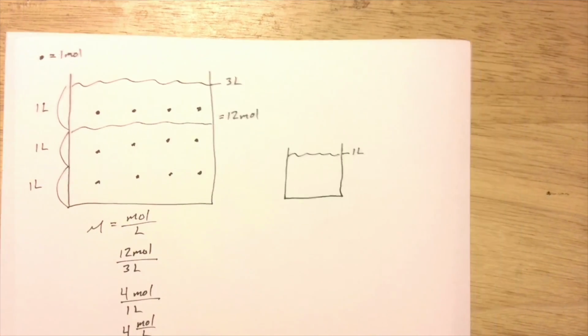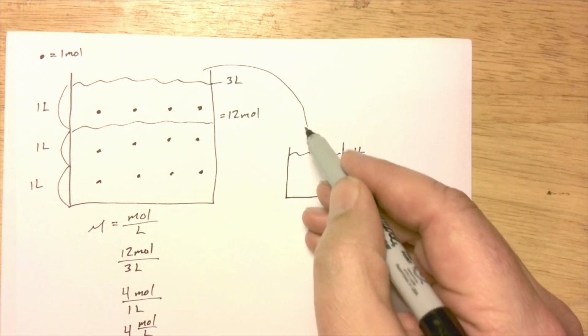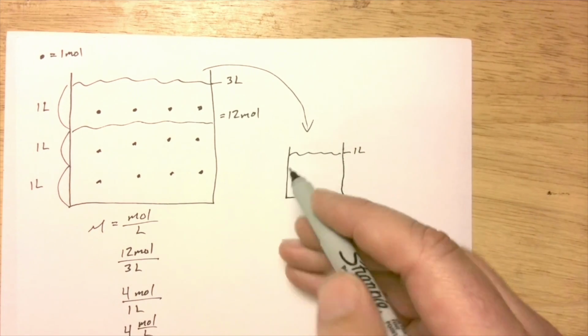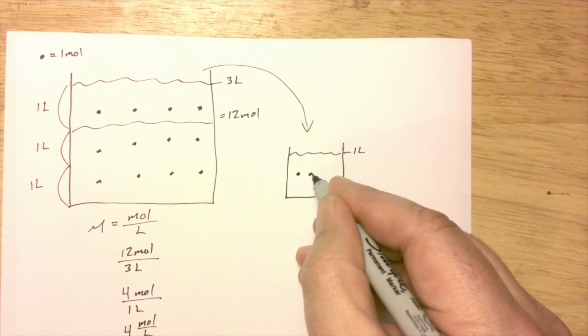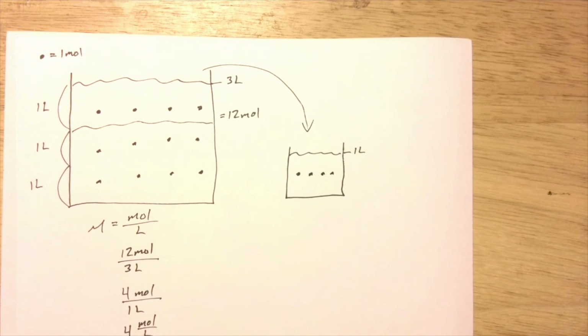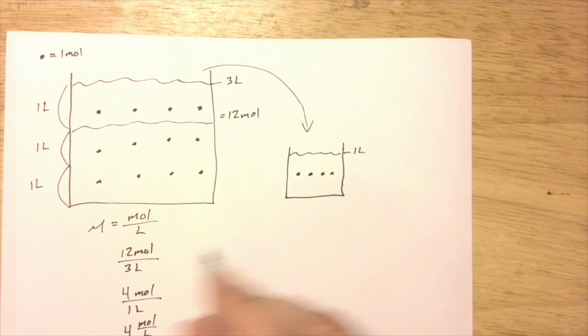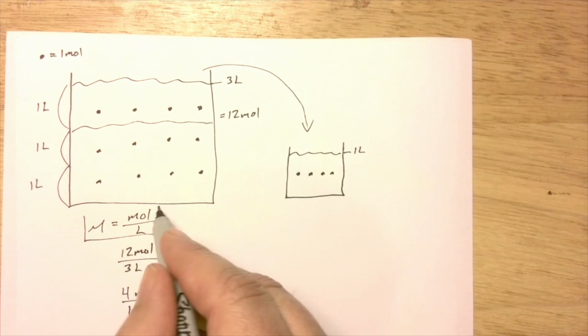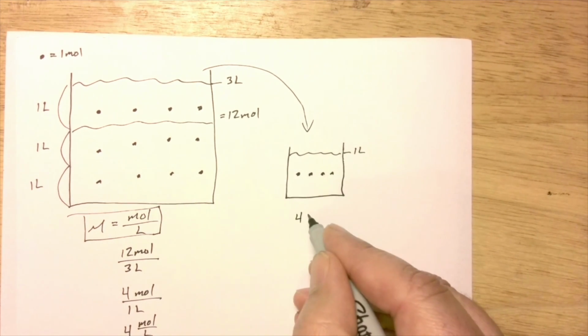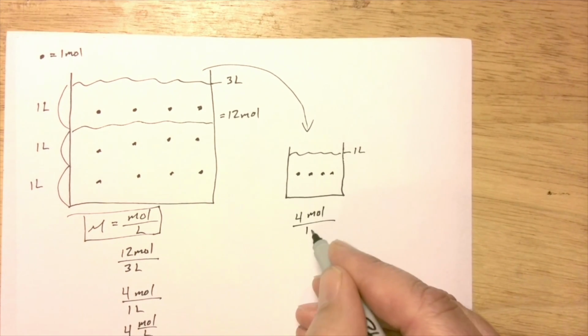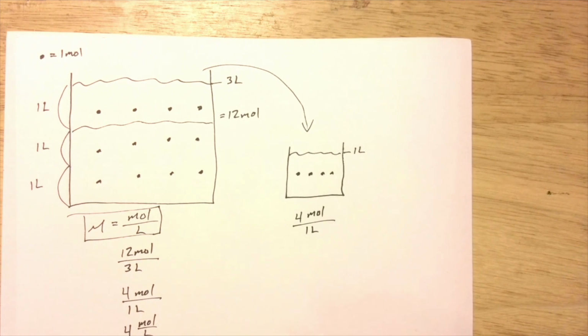So if I were to pour 1 liter into this other container, I would have those 4 dots, which would represent 4 moles. So therefore, for the molarity, I would have 4 moles in 1 liter, or 4 moles per liter, or also called 4 molar.